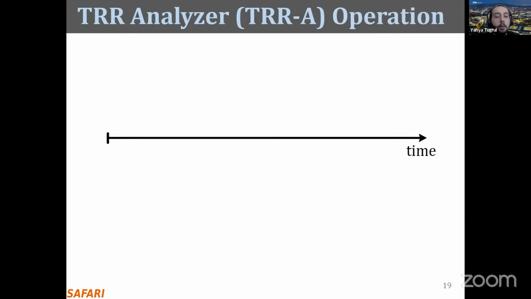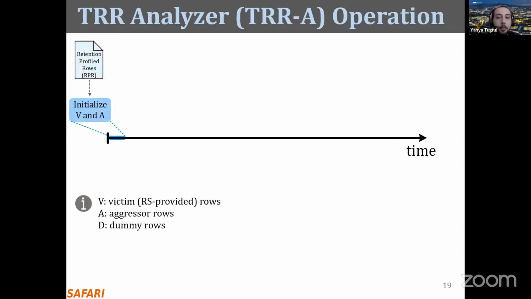Now let's look at a general TRR analyzer experiment. As the first step, TRR analyzer initializes retention profile rows with known data. It also initializes some aggressor rows. The user specifies aggressor rows in locations relative to the retention profile rows. For example, here we have a row group with 3 victims that are one row apart from each other.